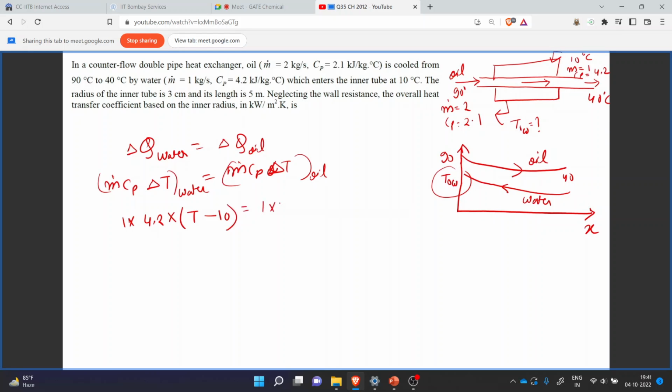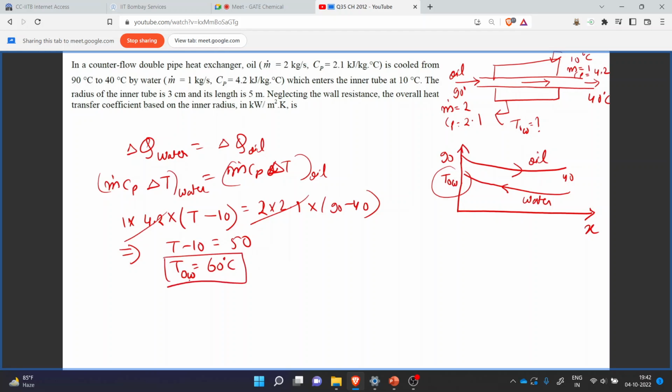Similarly for oil we can write it as 2 into 2.1 into temperature difference, in this case 50, that is 90 minus 40. That is, we can write this as T minus 10 is equal to 50, and this T outlet of our water will be 50 plus 10, that is 60 degrees Celsius. So here this is 60 degrees Celsius and inlet was 10.